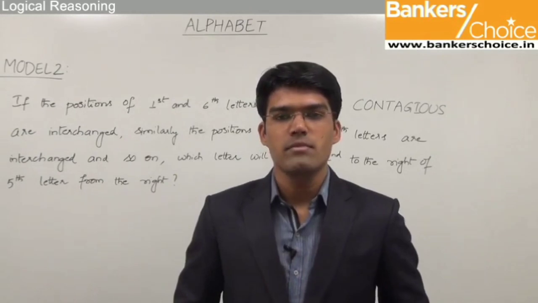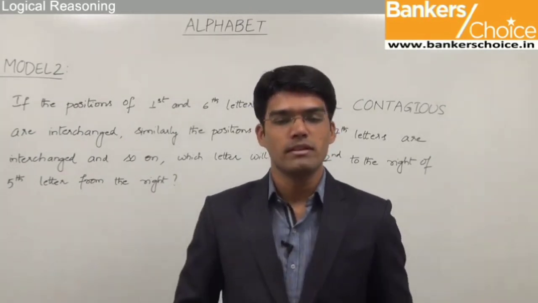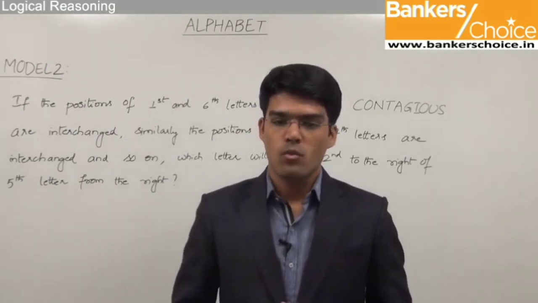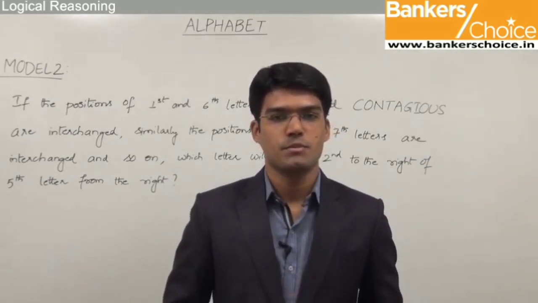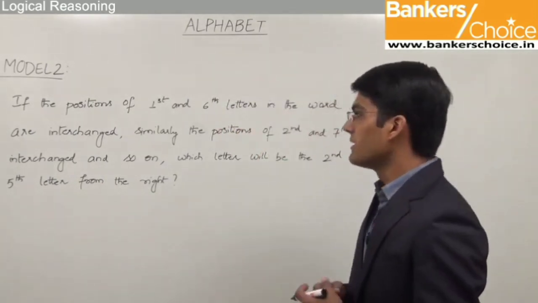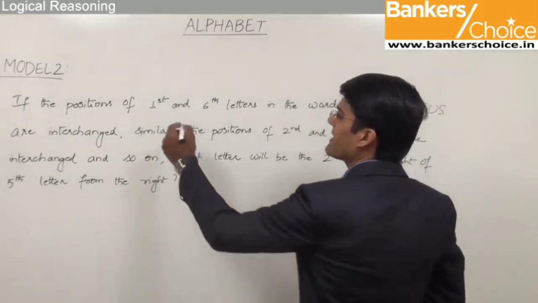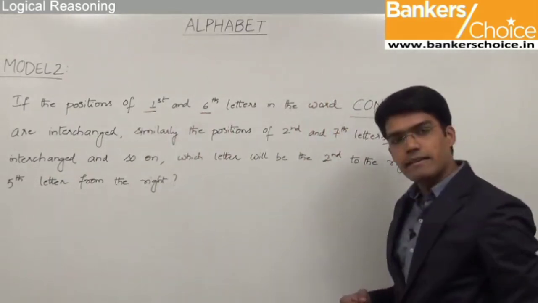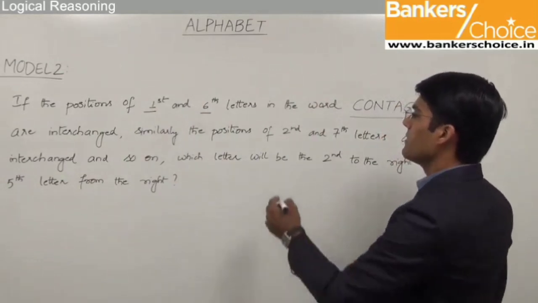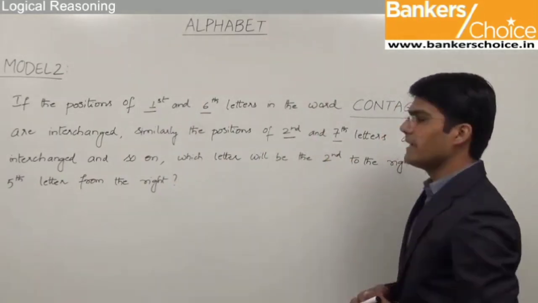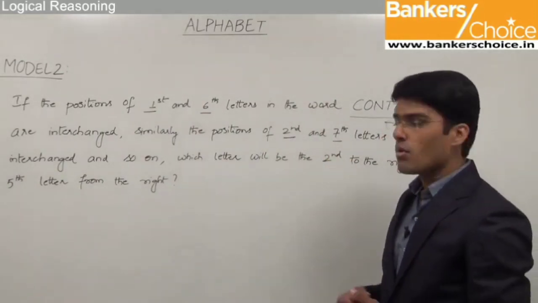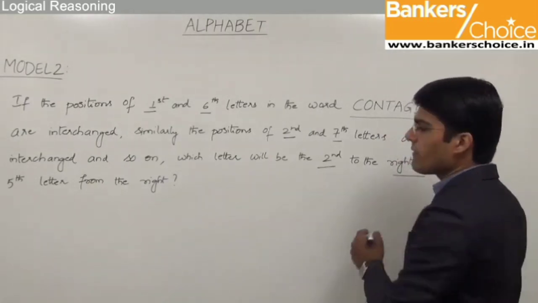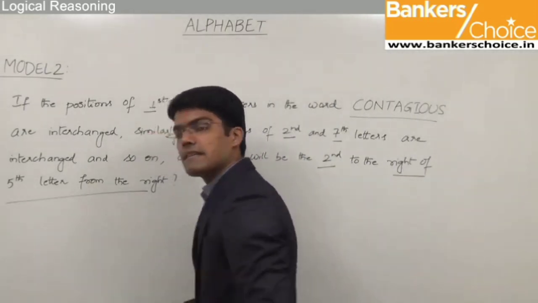Let us now take the second model from alphabet, which is based on interchanging the letters in the given word and finding out one particular letter after the rearrangement. Let's look at the question here. If the positions of first and sixth letters in the word contagious are interchanged, similarly the positions of second and seventh letters are interchanged, and so on, which letter will be second to the right of fifth letter from the right?